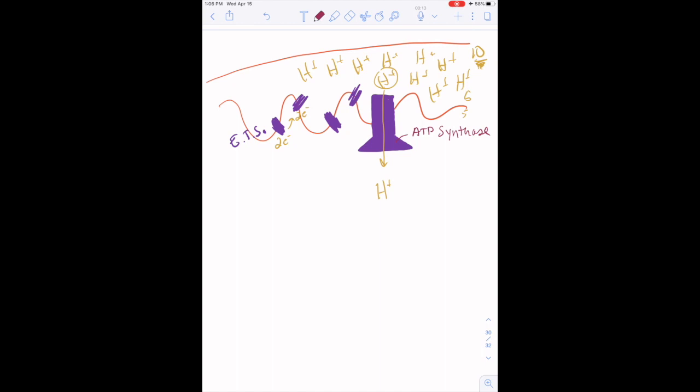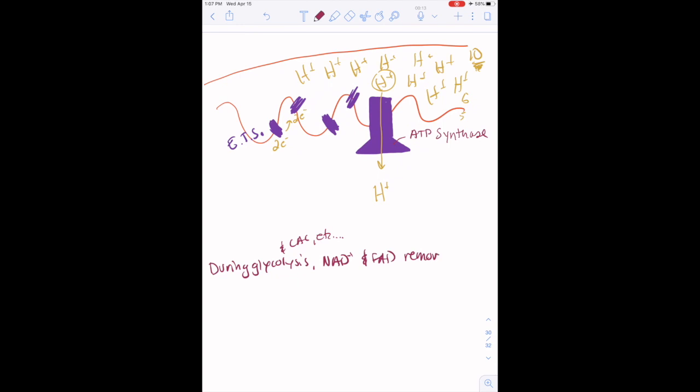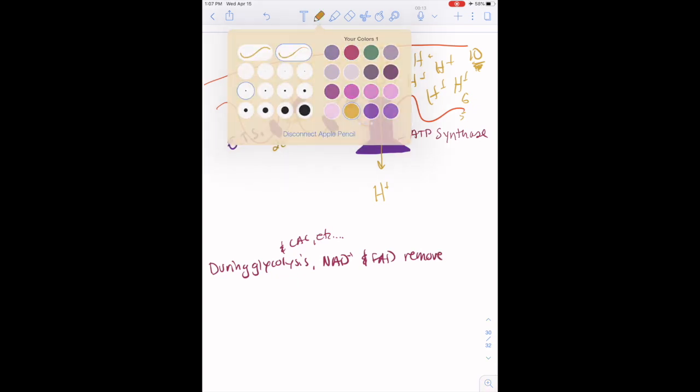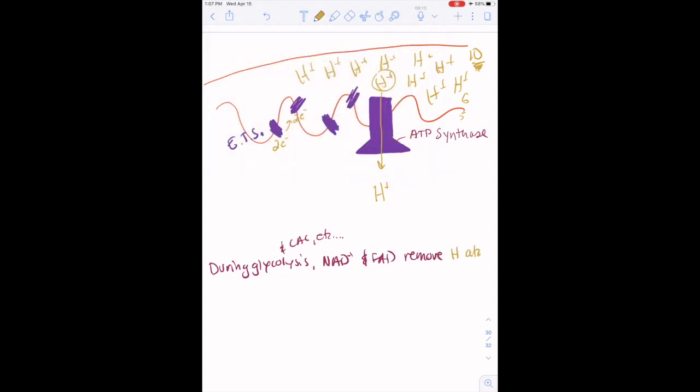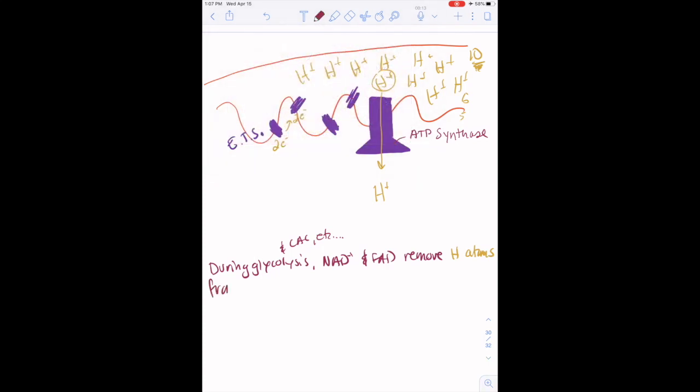Let's say during glycolysis and the citric acid cycle, NAD plus and FAD remove hydrogen atoms from glucose.